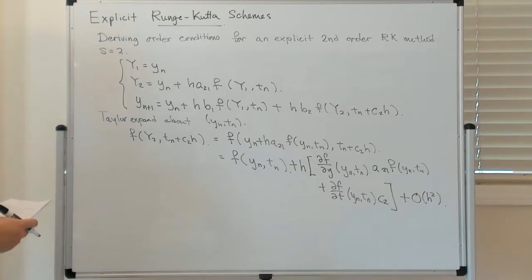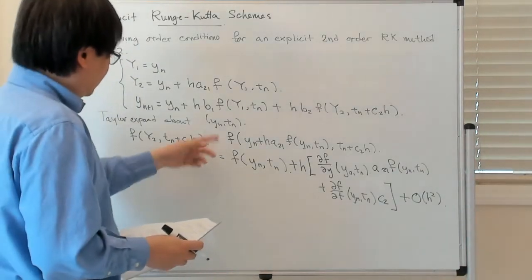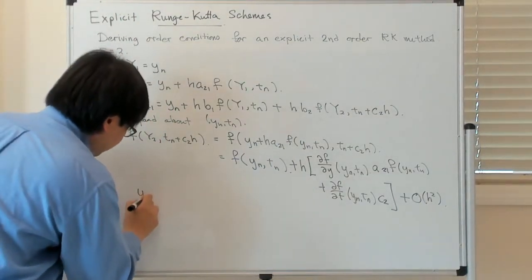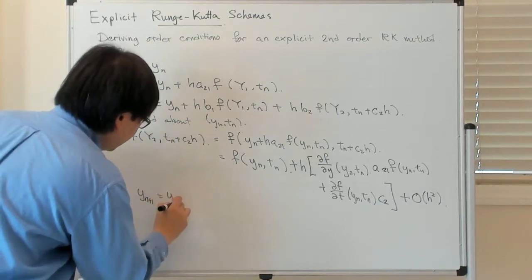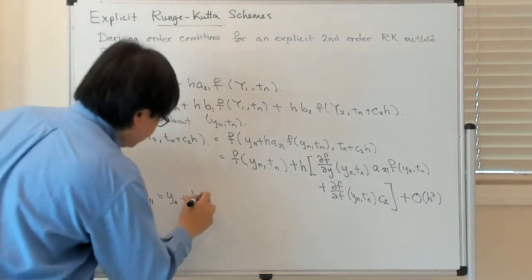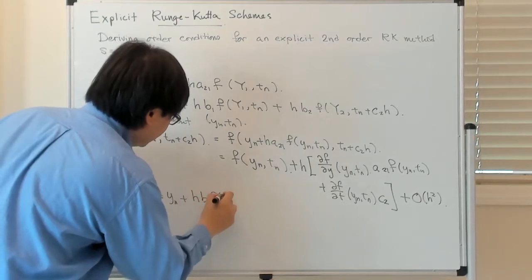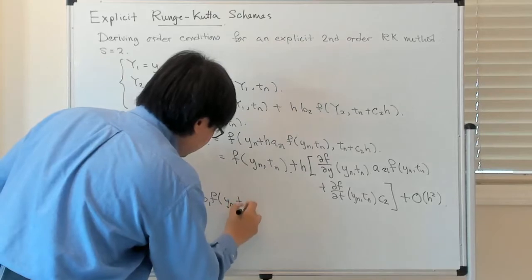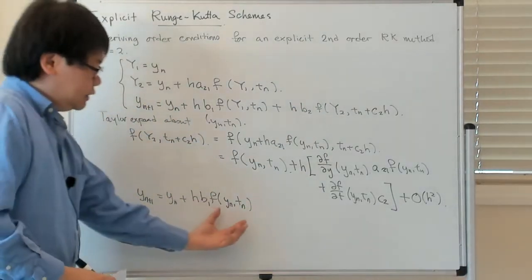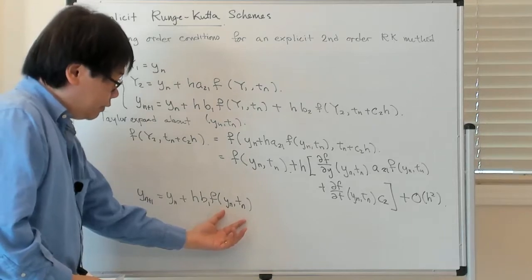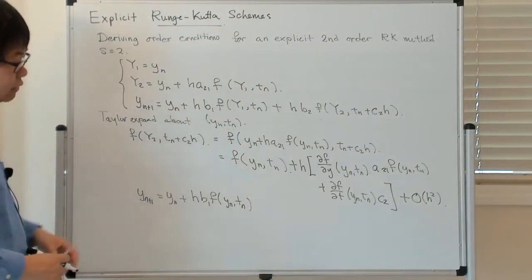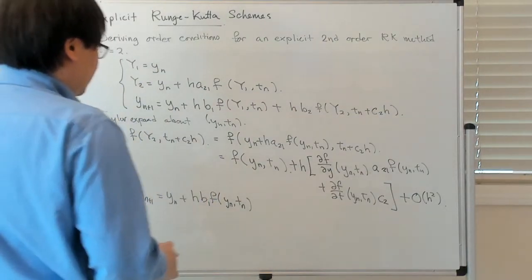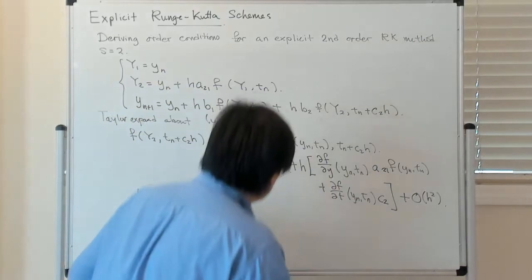Now I can take this and substitute it into this expression for yn+1. So I get yn+1 is equal to yn plus h times b1 f evaluated at y1, which is just yn. So I'm just going to put yn, tn, so I don't really have to do anything about this because it's already evaluated at the point yn, tn where I'm doing the Taylor expansion about. Then the next order term is this piece here. Again, there's a factor of h.